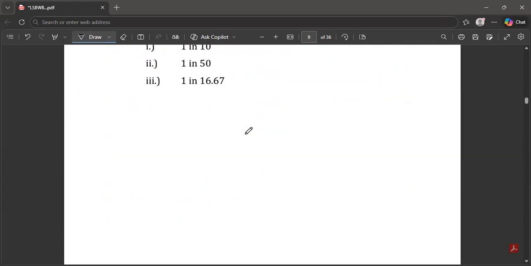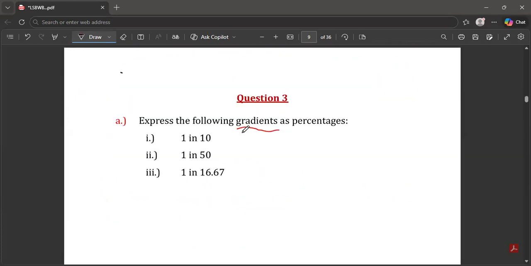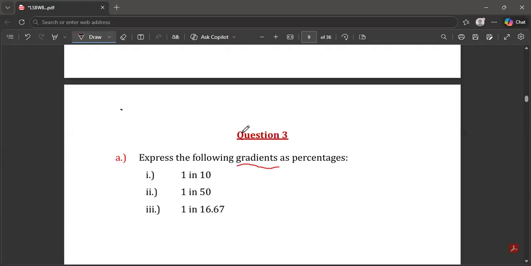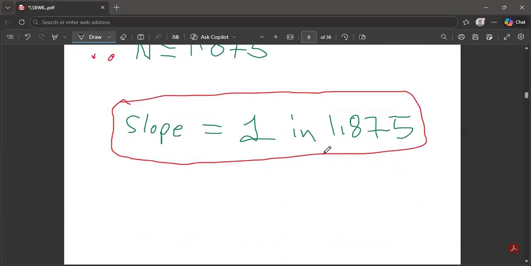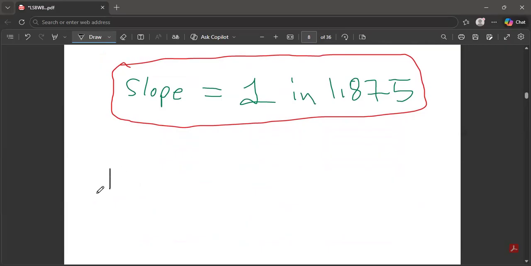So this time, we are doing the opposite of whatever we did. If you reverse the process, you still get that. This is 1 over what.